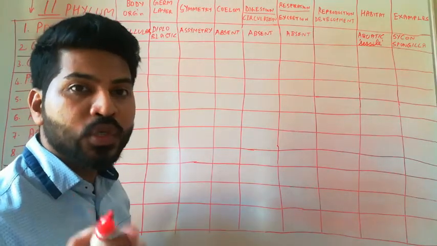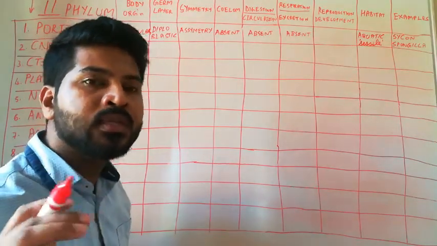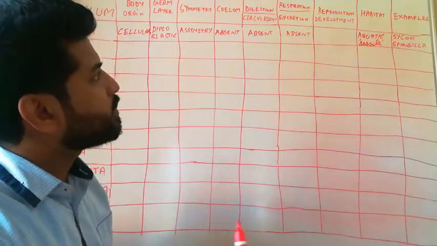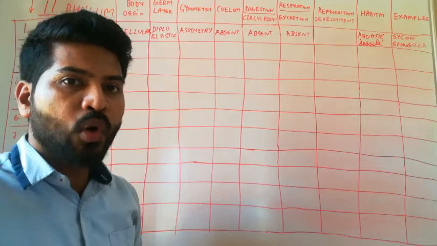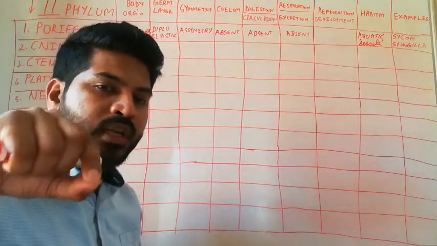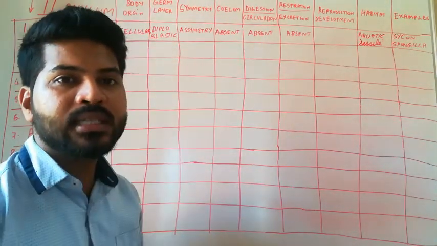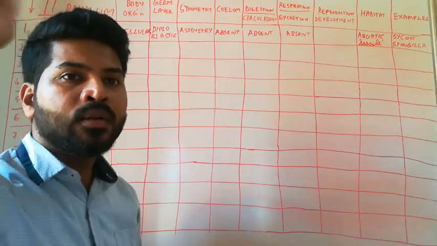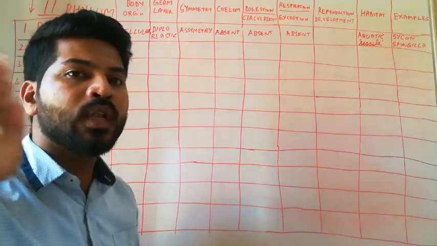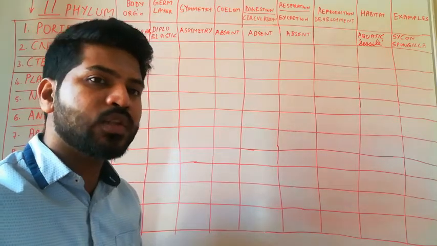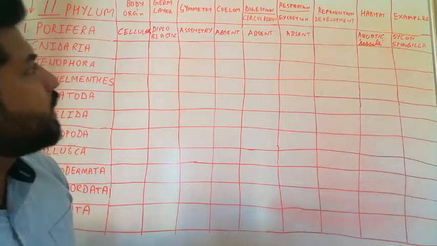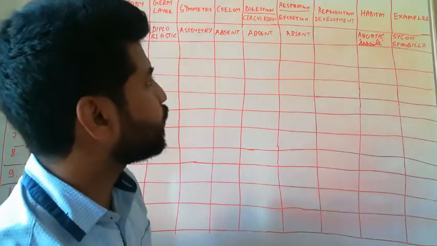Simple diffusion is what helps in excretion, transportation, respiration and digestion. Water and food enter through the ostia. Digestion takes place inside the central cavity, and when water moves out through the osculum, all the waste materials are also thrown out. So that is about their metabolic processes.